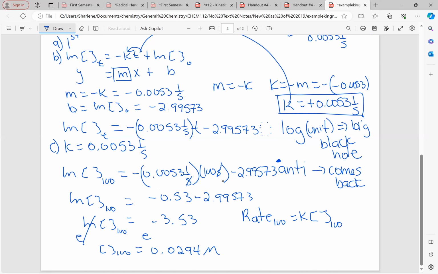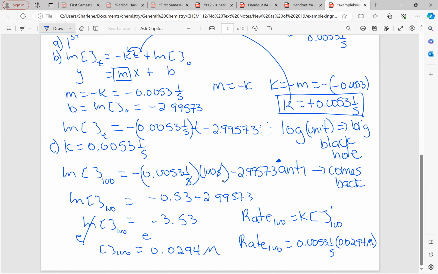The concentration at 100 seconds, and this happens to be first order. So the rate at 100 seconds is equal to 0.0053 inverse seconds times 0.0294 molarity. Aha, molarity over seconds.